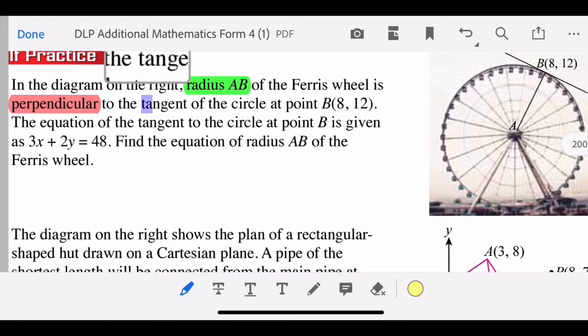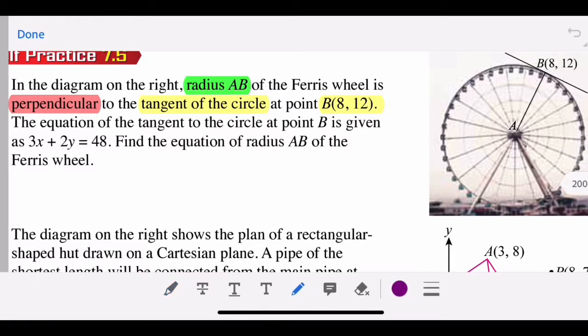Now, in the diagram on the right, radius AB of the Ferris wheel, which is a circle, is perpendicular to the tangent of the circle at point B. Okay, highlight: the equation of the tangent to the circle at point B. Equation of the tangent, very important keywords.